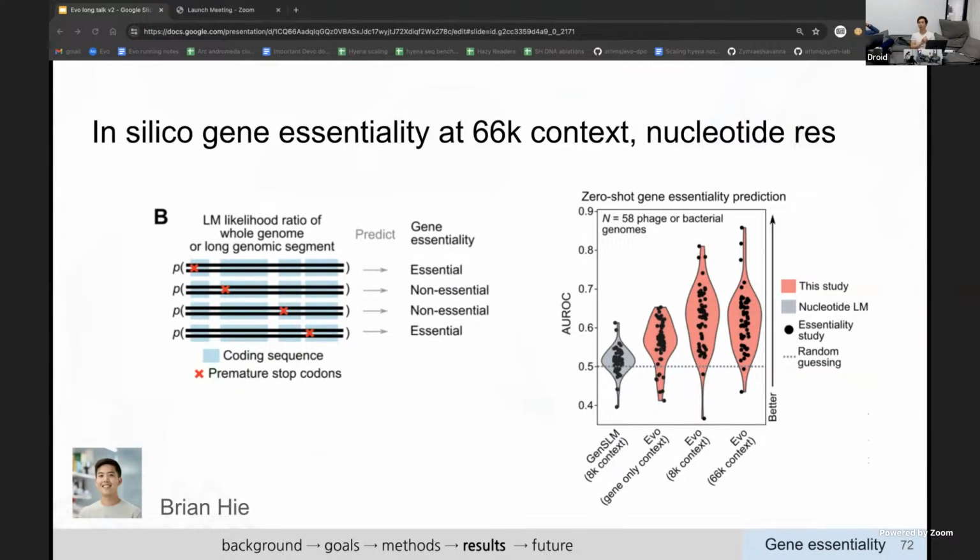But above a baseline nucleotide language model. And then also, as we increase context length from gene only to 8K to 66K, we're seeing performance at least maintain in terms of being sensitive to these single codon changes. And you get this essentially for free, right? We didn't have to fine tune the model to do this task, which is, again, a task that could take months in the lab, which is quite surprising to us.